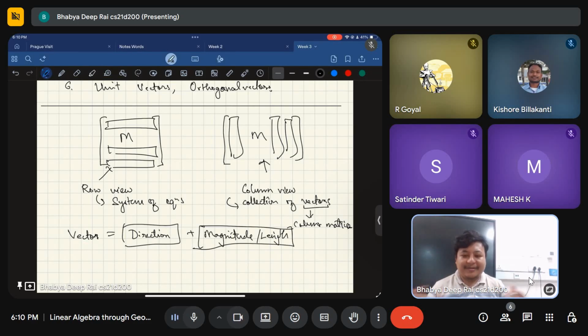We always look at it with respect to the origin. Of course, Satyendra had last time asked about the origin, and we can move about the origin and so on.